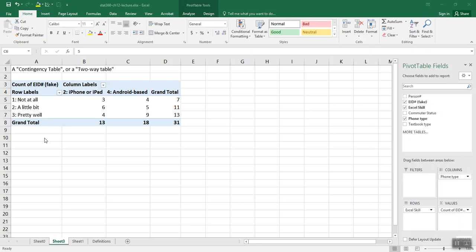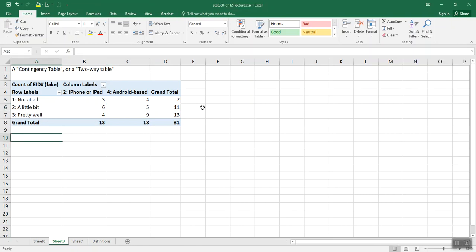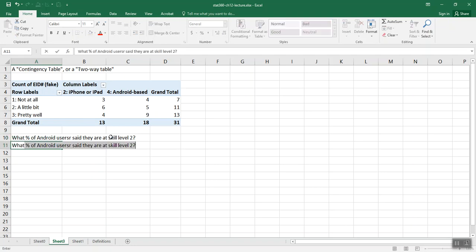Okay, one series of questions we could ask is something like, what percent of Android users said they are at skill level 2? And we could ask a similar question, what percent of iPhone users said they are at skill level 2? So pause the video, think about how you would answer that.